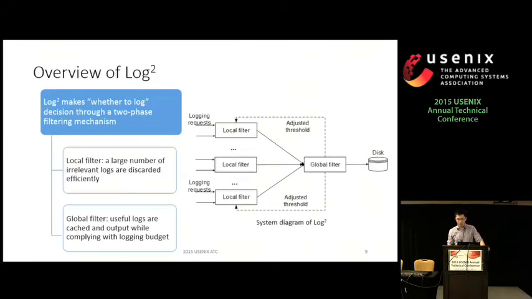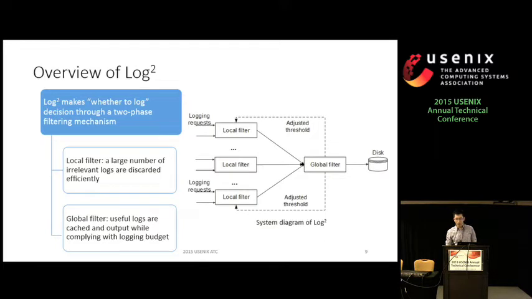In order to address these challenges, we designed Log2. This is the overview of our approach. Briefly speaking, Log2 answers one important research question: whether to log. That is, given a logging request under investigation, Log2 decides whether this log is dumped or discarded. More specifically, Log2 makes the whether-to-log decision through a two-phase filtering mechanism.